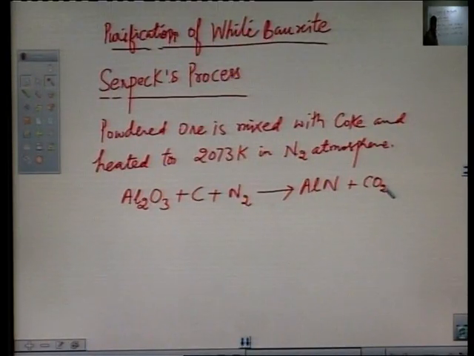The powdered ore is mixed with coke and heated to 2073 Kelvin in an atmosphere of nitrogen. Alumina combines with nitrogen to form aluminum nitride, while silica, if present, is reduced to silicon by carbon, which volatilizes off at this temperature.